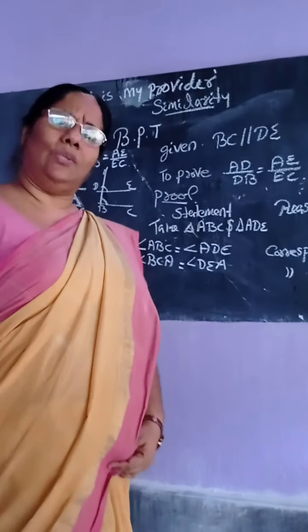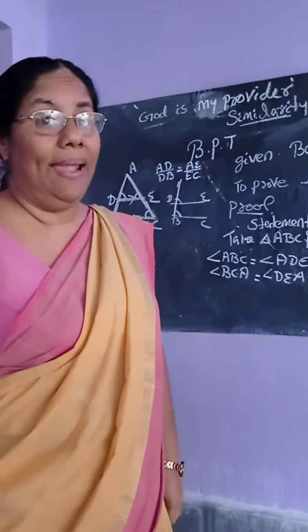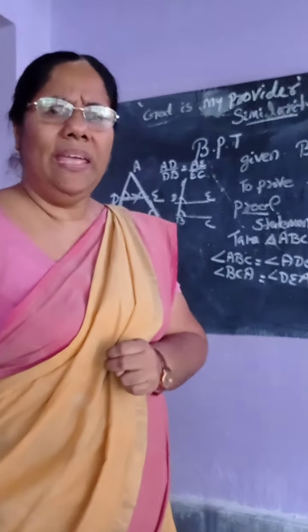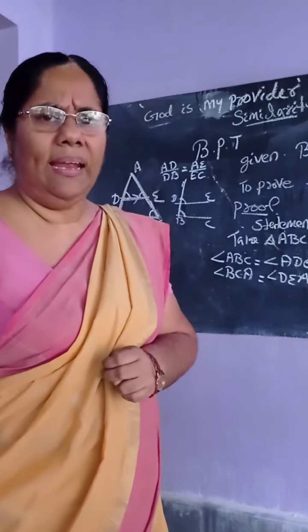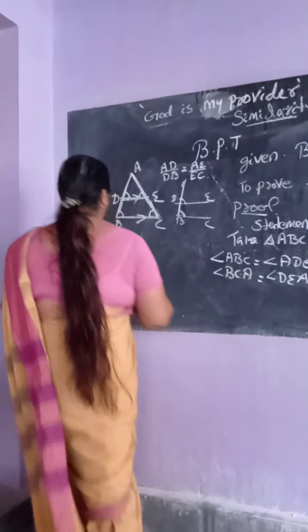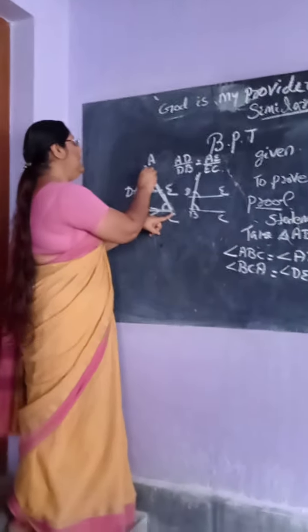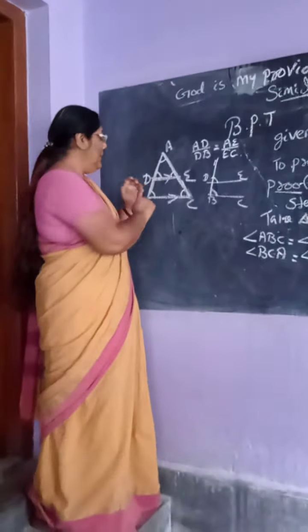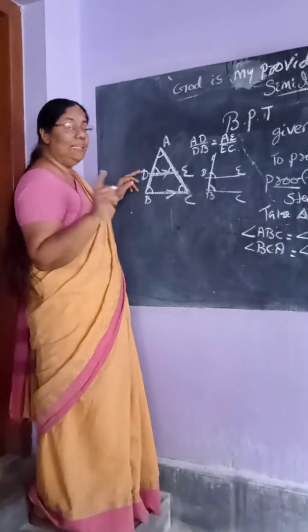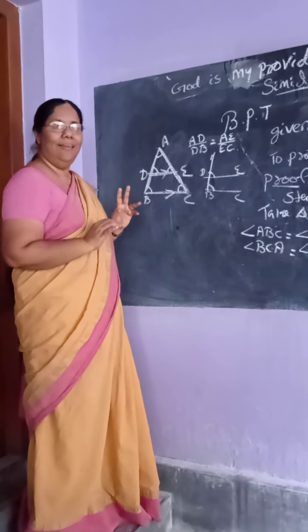Then, in this question, can you identify a common angle? Two triangles are there, I told you. Is there any common angle in those two triangles? Look at the board. What is BAC? This angle is in triangle BAC. And look at the second small triangle DAE.